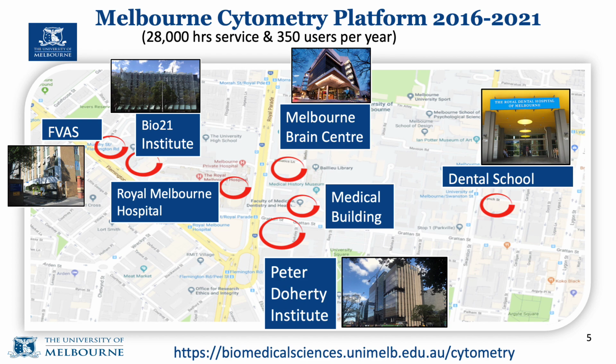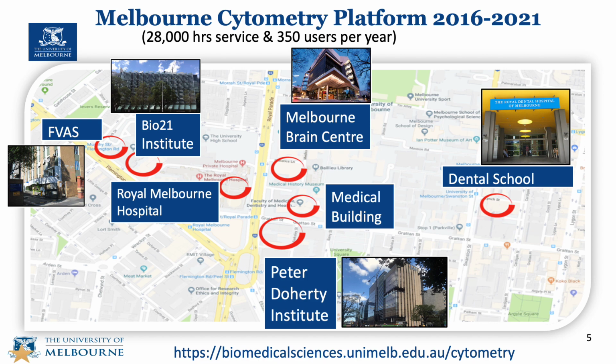They are all within the university, but across different schools, departments, and faculties, and mostly are located around the Parkville area. The biggest node in the platform is the Peter Doherty Institute, with a lot of instruments, a lot of users, and staff. Melbourne Brain Center is the second largest node, followed by Bio21. We also have the dental school, the Faculty of Veterinary and Agricultural Sciences.